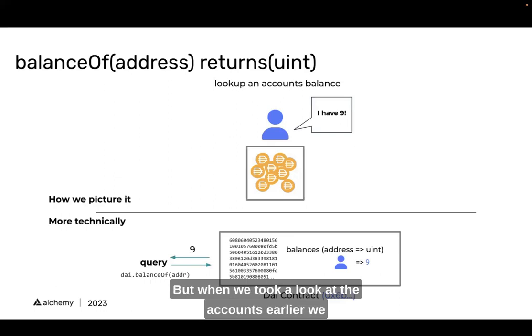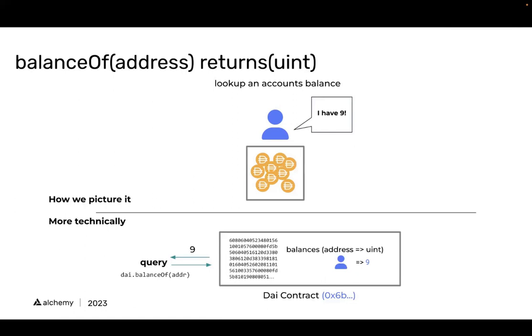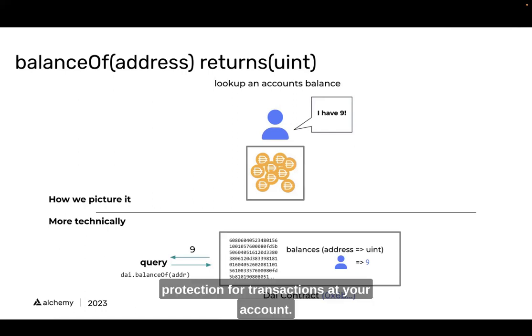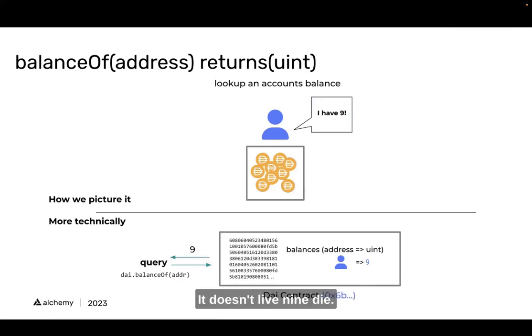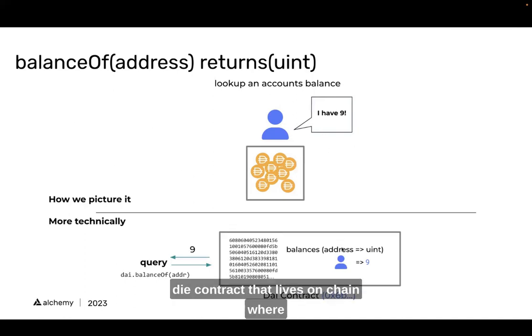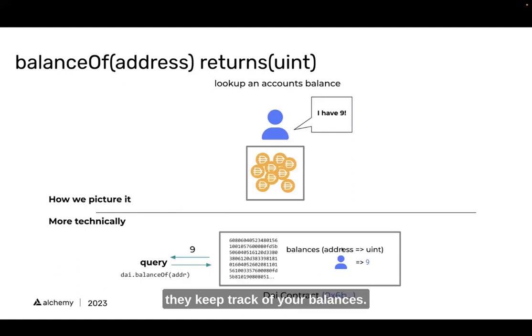But when we took a look at the accounts earlier, we know that for an EOA, there's only 2 things that really matter, which is the balance, the Ether balance, the native currency balance, and also the nonce, which is a replay protection for transactions. In your account, it doesn't live 9 DAI. Instead, what actually happens is there's a DAI contract that lives on chain where they keep track of your balances.